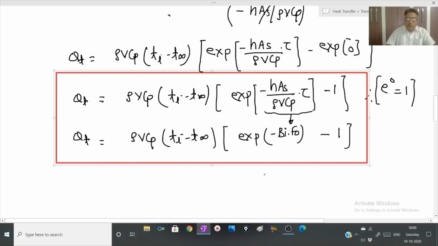So this way I can calculate instantaneous heat flow rate and total heat flow rate.